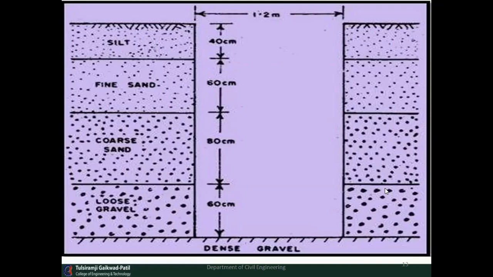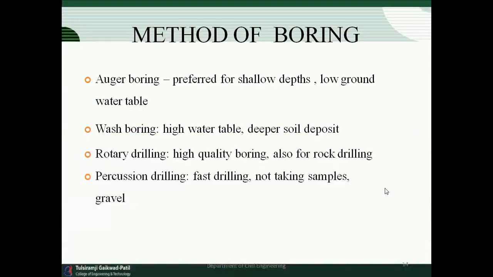So if you want to go for boreholes, you should find this type of layer structure under the earth. Normally the slate layer is about 40 centimeters, the fine sand layer about 60 centimeters, the coarse sand layer about 80 centimeters, and the loose gravel about 60 centimeters. These all come under dense gravels.